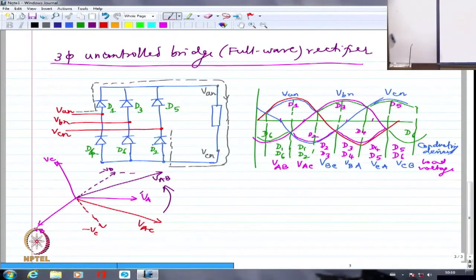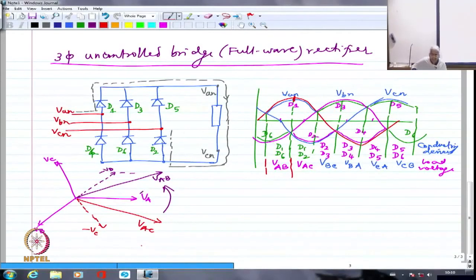So this portion is VAB. VAN peak is reached at this point. This is the point at which VAN is reaching the peak. So VAB should have reached its peak 30 degrees ahead, because VAB is leading.